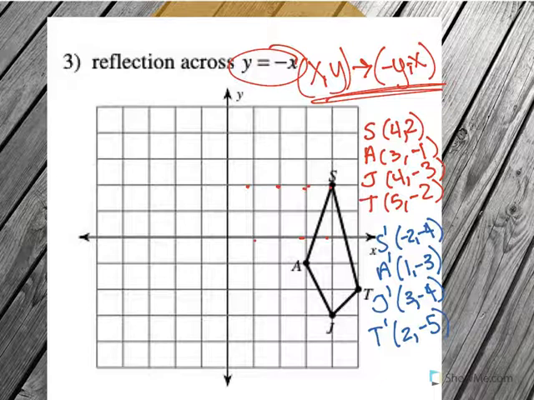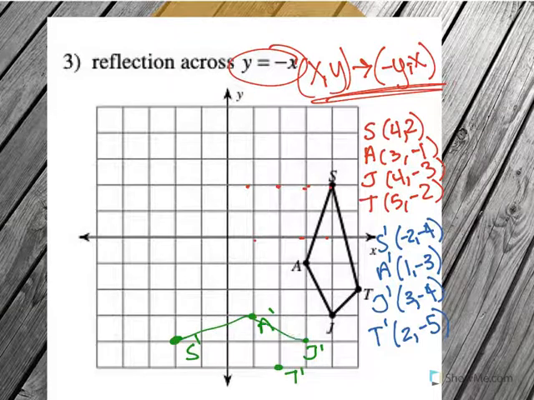So -2, -4 is S prime, +1, -3 is A prime, +3, -4 is J prime, and +2, -5 is T prime.